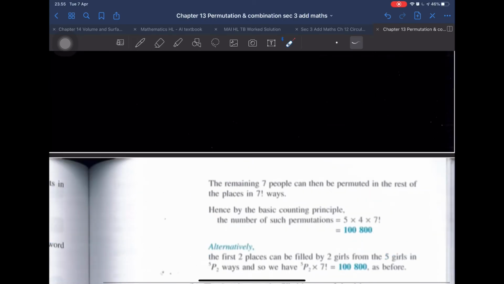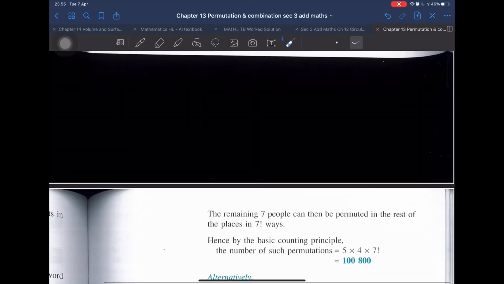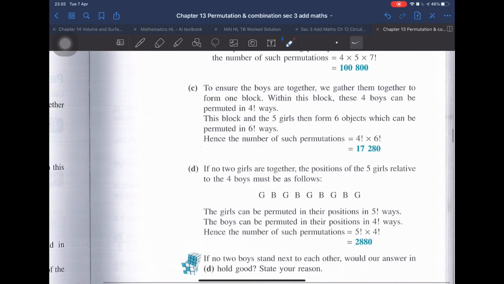Now, the last question is about no 2 girls standing next to each other. What does it mean? If no 2 girls are together, the position of the 5 girls relative to the 4 boys must be like this. The girls cannot be next to other girls. So it must be girl, boy, girl, boy, taking turns like that.